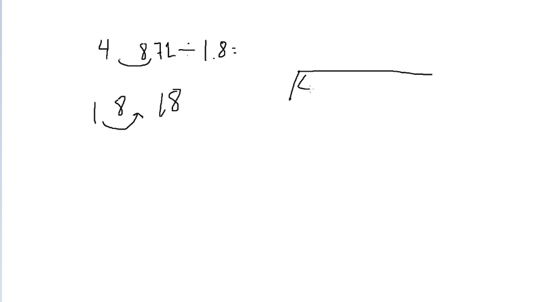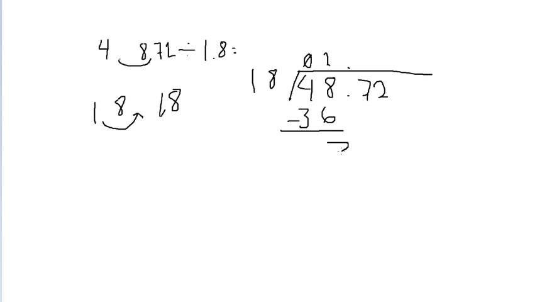So now you do your long division. Do 48.72, and you want to line up your decimal point. You want to put the decimal point right there, and then you do 18. So you do 18 goes into 4 0 times. 18 goes into 48 twice. Subtract your 36.